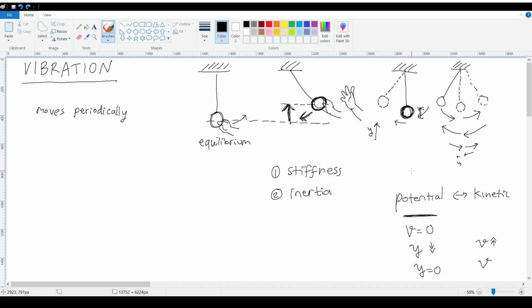Now let's talk about the math. We often use mathematical models to describe any physical phenomenon in this world, right? We can also describe vibration with math, okay? So there are many variables I have told you about. The first thing is displacement.